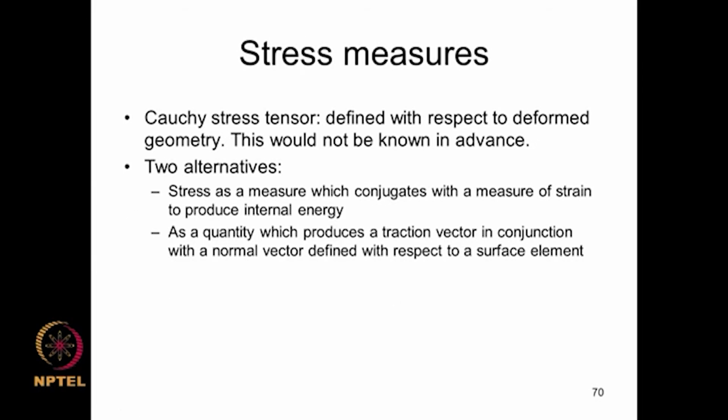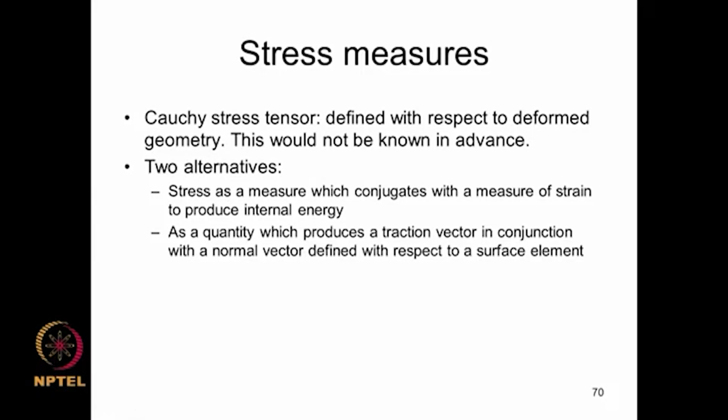Now, similar issues about the definition of stress measure also were considered. The Cauchy stress tensor, which deals with the deformed configuration, the force field and area in a deformed configuration, was difficult to use in an analysis simply because we would not know the deformed geometry when we develop the solution.